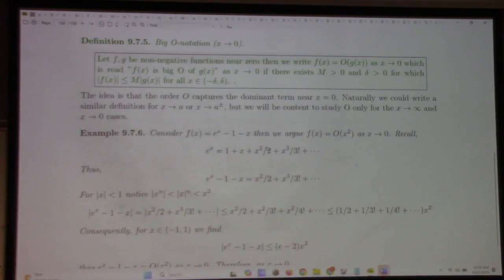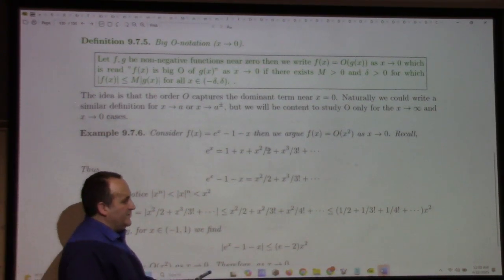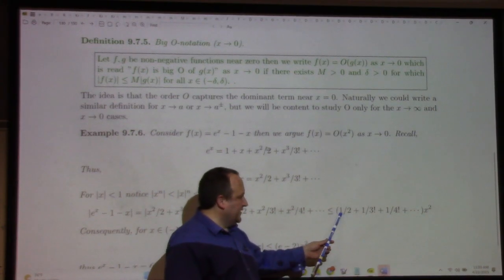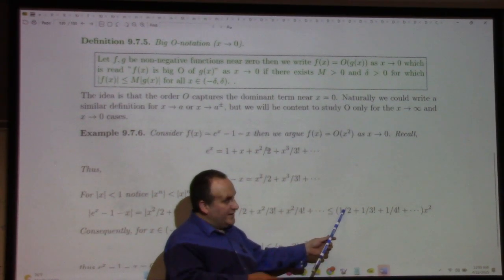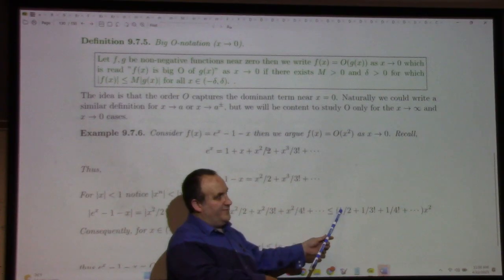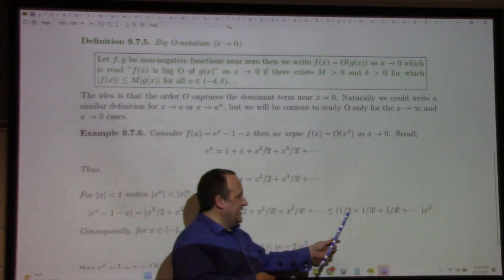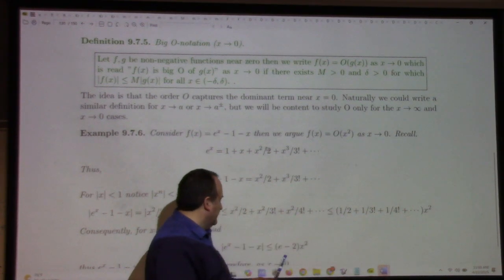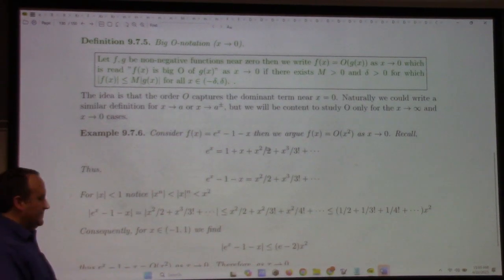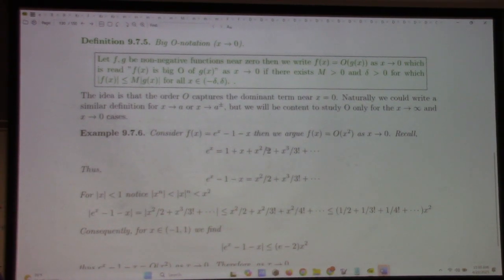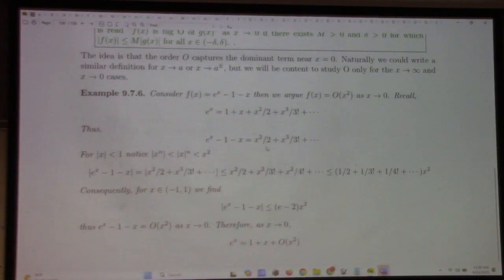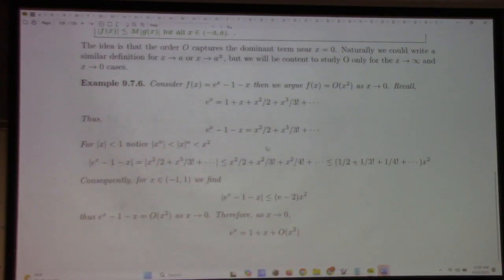It's missing the first two terms in the Maclaurin expansion for the exponential evaluated at 1. It's like 1 plus 1 plus 1 half plus 1 over 3 factorial plus and so on. That's e. So this is e minus 2. And so there you go. That proves that the big O order of e to the x minus 1 minus x is in fact order x squared.